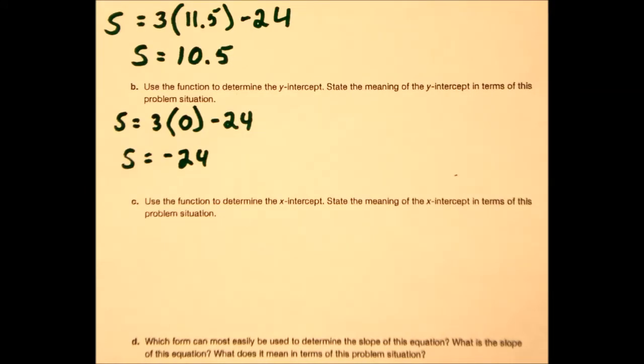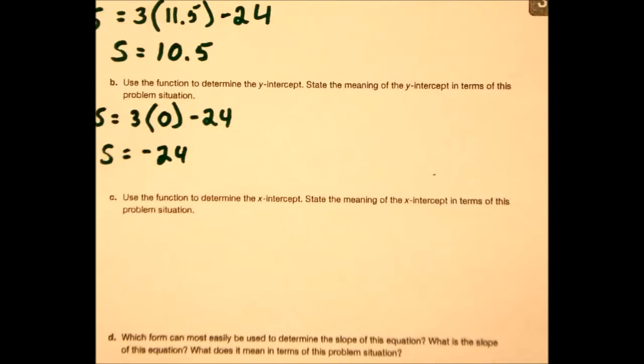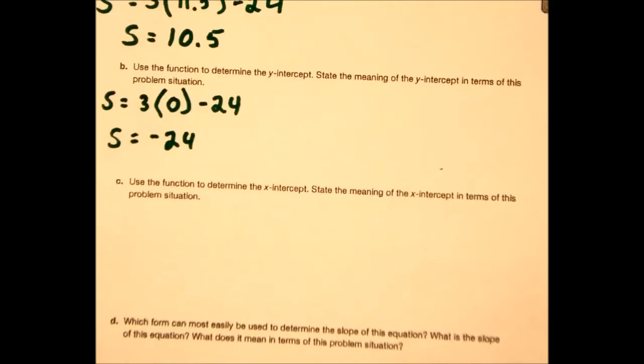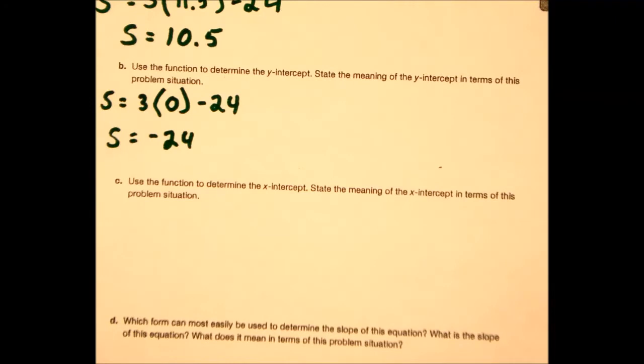We have to understand what answers make sense, which means if this was on a graph, all the answers that are positive would make sense. Any answer that's negative wouldn't make any sense in real life. But it is part of being able to graph the function. So you can graph things that don't make sense, but your answers must make sense.